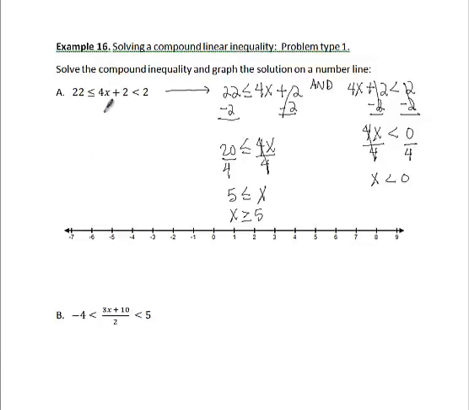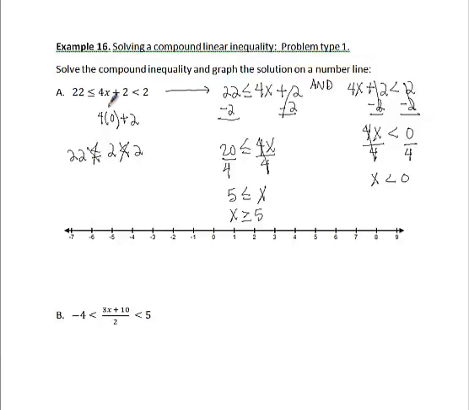If I put in, well, let's just pick a number. If I put in 0, okay, 4 times 0 plus 2 would just simply be 2. And 2 is not less than itself, and so it doesn't satisfy that inequality. And it doesn't satisfy the other one either. 2 is not greater than 22.